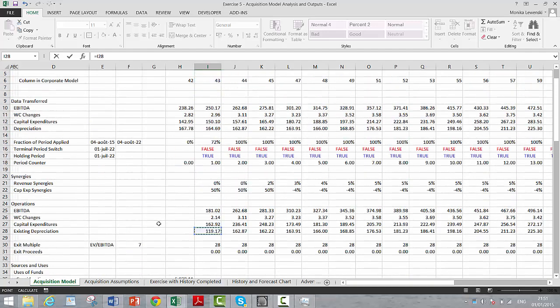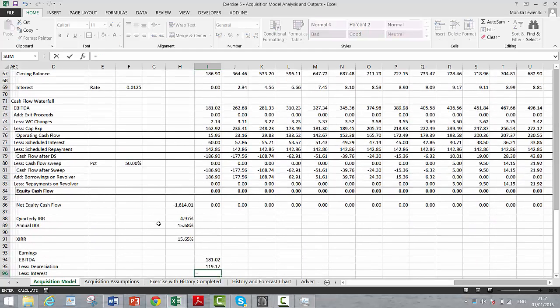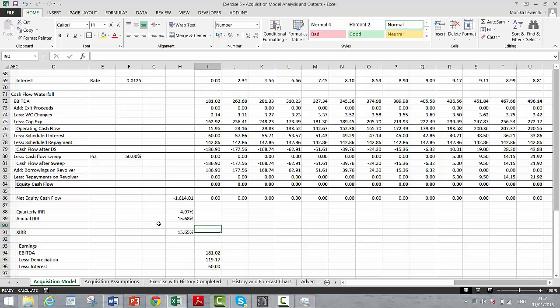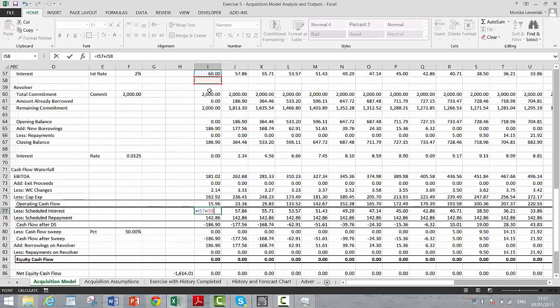which we have not adjusted yet for the other thing, and then I also put the interest here, and I did something really bad here. This interest, I'm going to leave this here, but this interest should have included any interest we pay on our revolving credit.